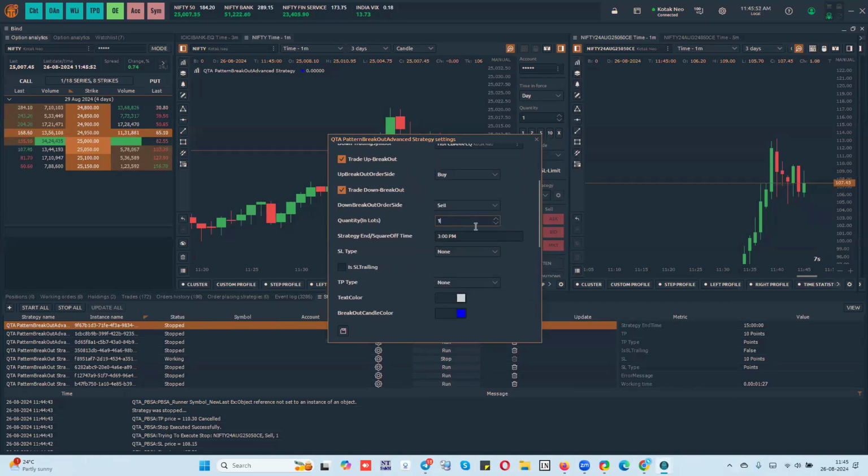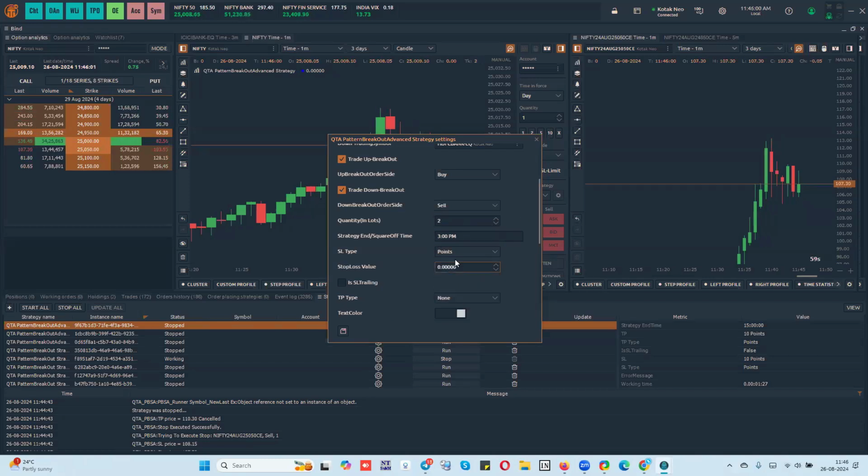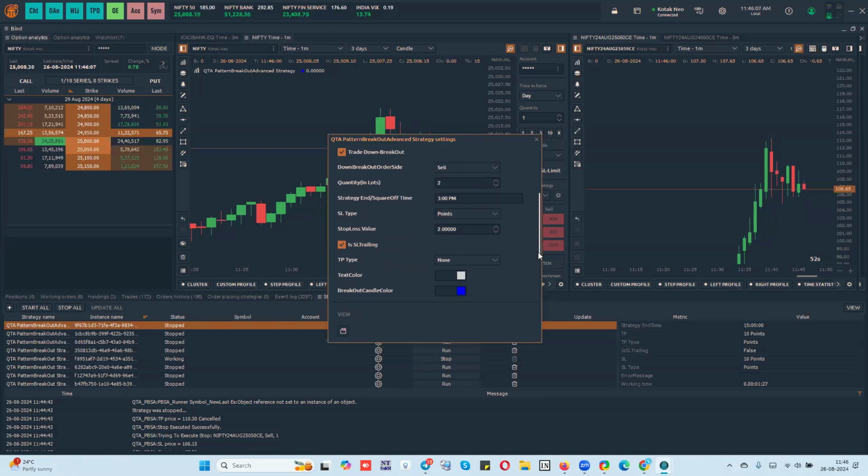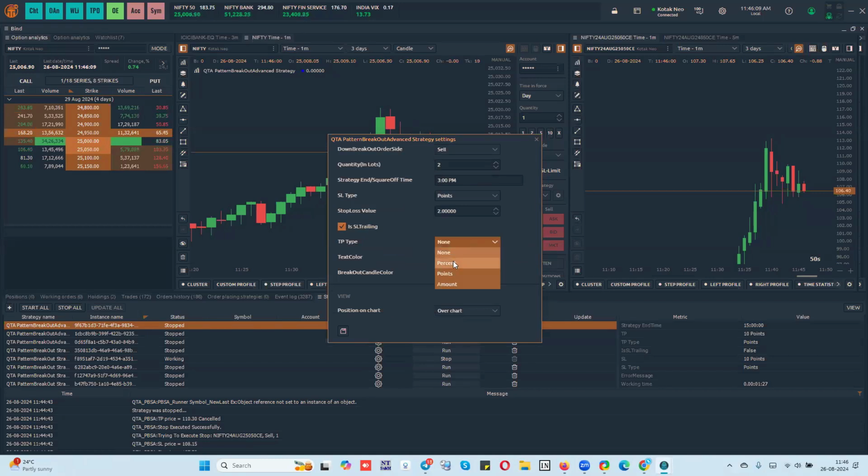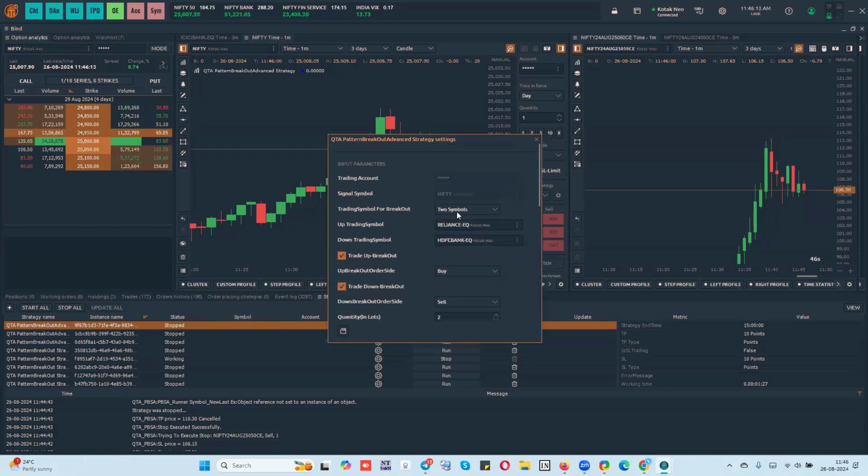I'm selecting quantity as one or maybe two. Stop loss, again, I'll use 2 points. Trailing, I will enable it. Take profit, again, 2 points. So you can see that I've selected the two symbol mode.